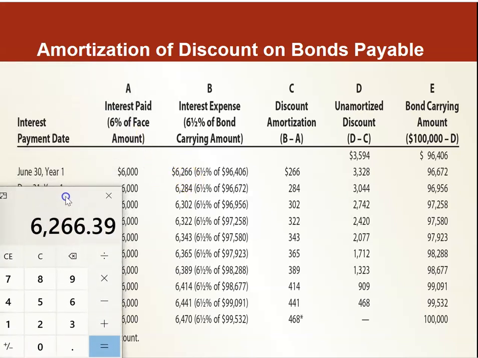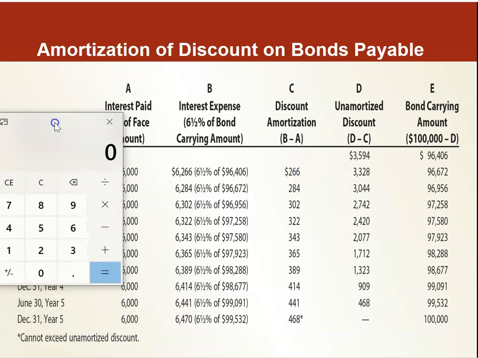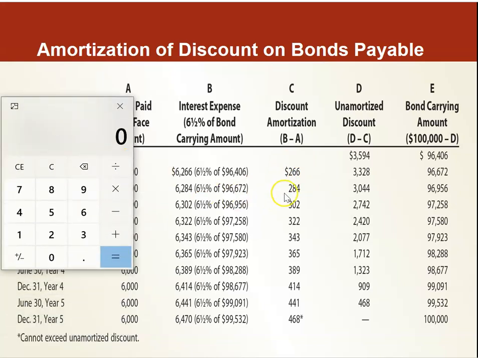Notice that the difference between the interest expense, $6,266, and the actual interest paid is $266. What this does is it decreases the amount of the unamortized discount.